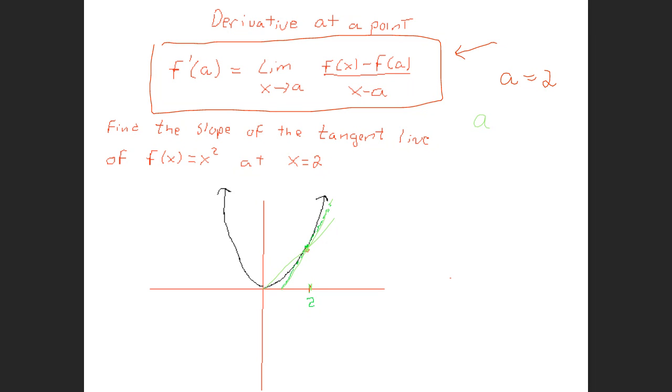So it's going to be the limit as x approaches 2 of f of x, well, that's just my function, x squared, minus f of A, but my A value is 2, so f of 2. Well, what is f of 2? If I put 2 in here, 2 squared is 4, over x minus A, well, again, my A value is 2, so x minus 2. All right. Oh, look at that.